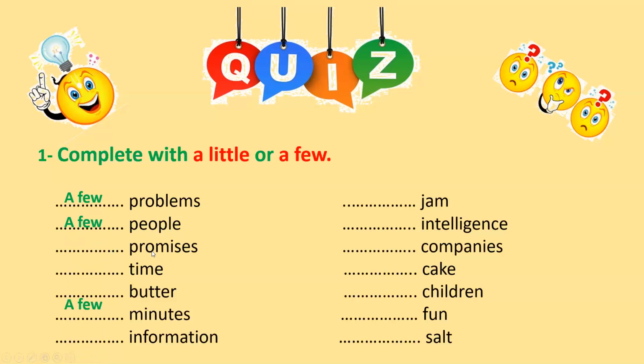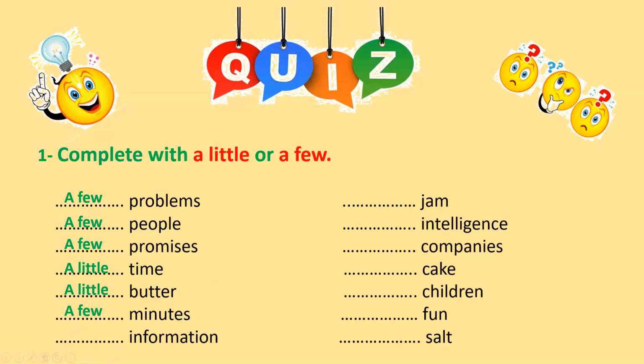We put a few promises. Now time. You know that time is an uncountable noun. So we put a little time. Butter is like cheese. It is uncountable. So we put a little butter. Minutes is countable. We can say 5 minutes, 10 minutes, 20 minutes. So we put a few minutes.